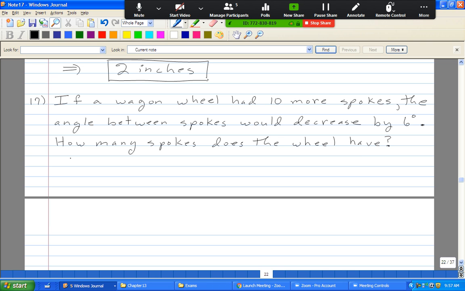So 360 divided by, let's say that there are x spokes originally. That's the angle of the little sector. Well, if you had 10 more spokes, then the angle here would decrease by 6 degrees.